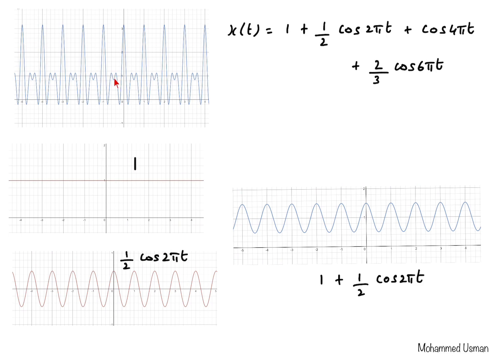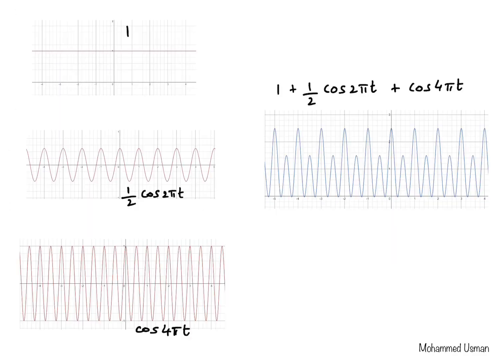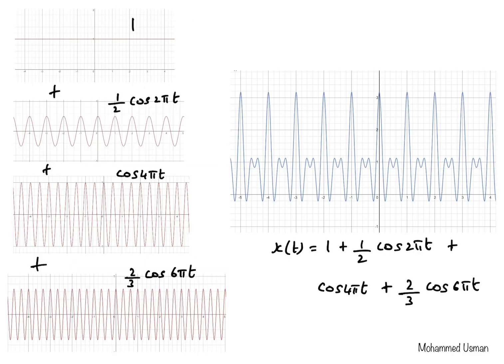If you notice x of t, it has these smaller oscillations as well, but here you don't see those small oscillations. So it is still not the full x of t because there's still one more term that needs to be added. With three terms added, we are getting closer to our x of t, but it is still not yet x of t. So we'll add the fourth term as well.